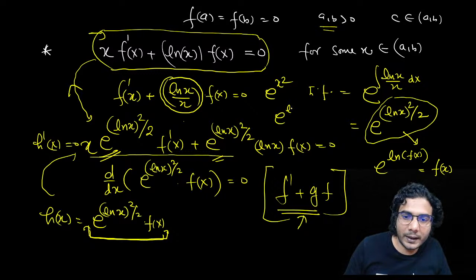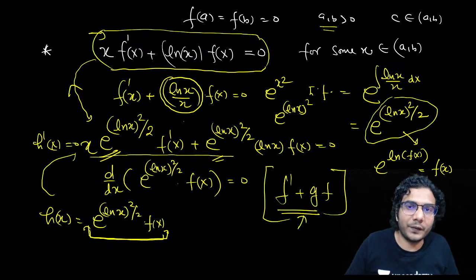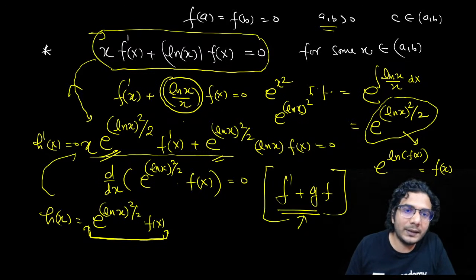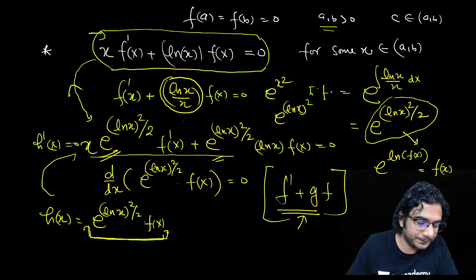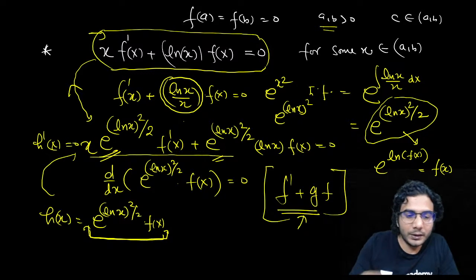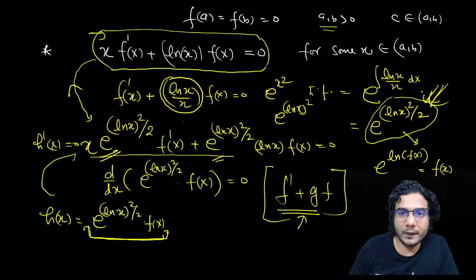If it is e raised to ln x square, you can't simplify it. That was the property of log x. That's why you could write e raised to ln f x as f x. But if it is e raised to (ln x) the whole square, then you can't simplify it. You'll have to write this only. Now I got your point. Oh, you were stuck on this, you wanted to simplify this particular function. No, you can't simplify it further.